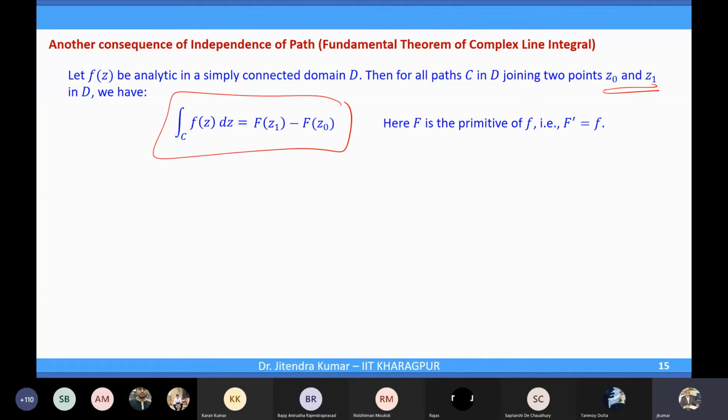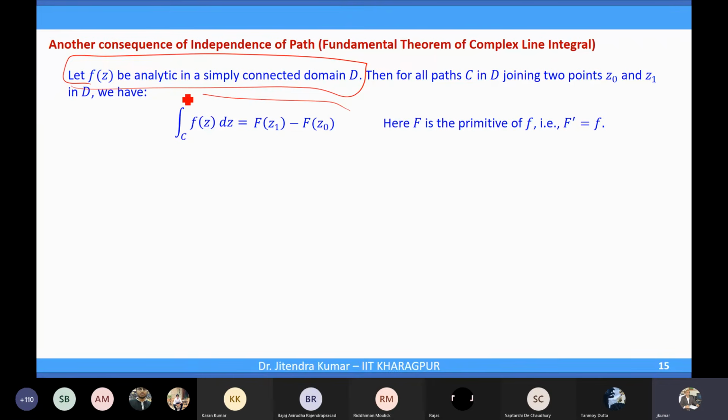The primitive part we have already proved, and the rest is nothing. So instead of doing that integral using the parametric form as we did before, you can directly do that. But again, for that the simply connected domain D is important.